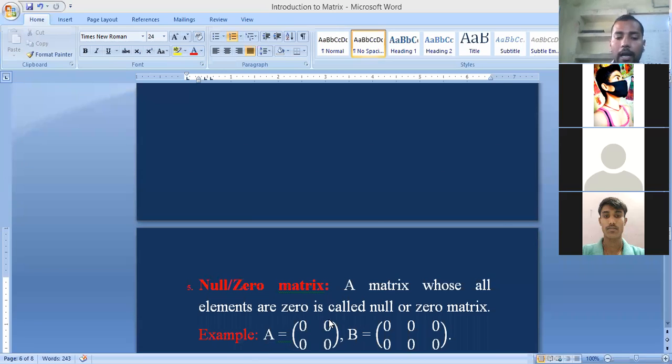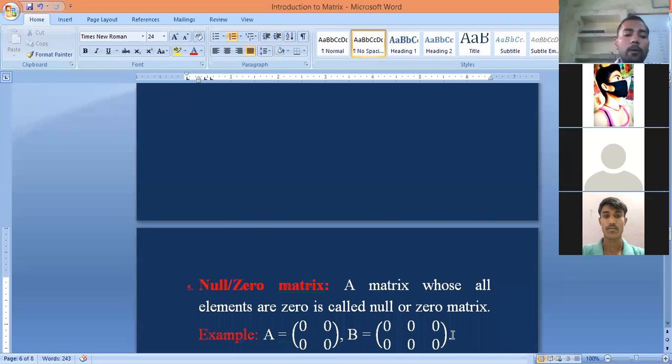Its rows are also 0, and in the same way its columns are also 0. In the same way, in matrix B also you can see all the elements of the given matrix are 0. It means we should remember only one thing: if any matrix has only 0 elements, such types of matrices are considered as 0 matrix.